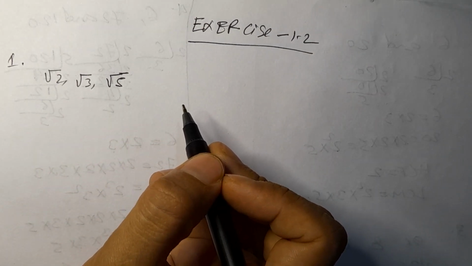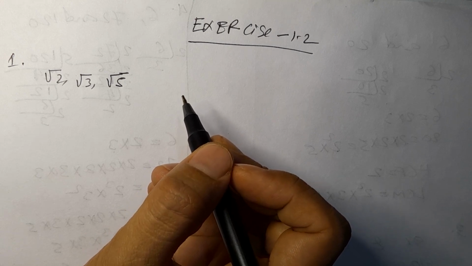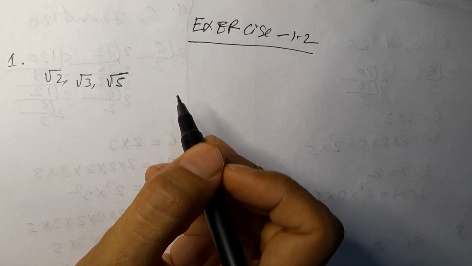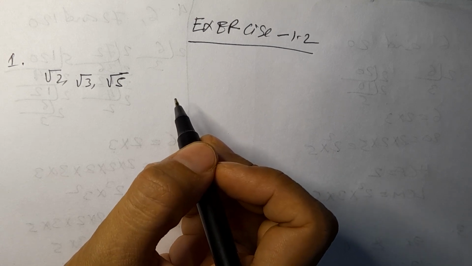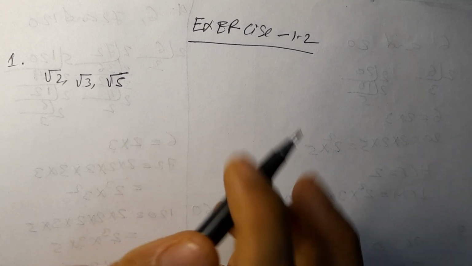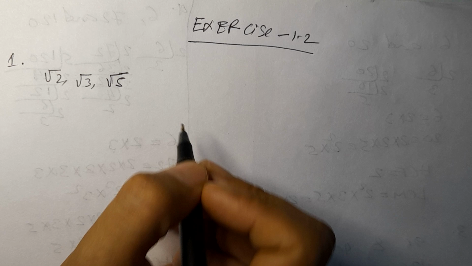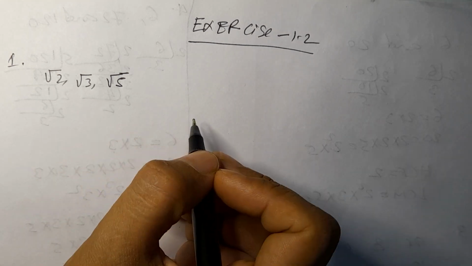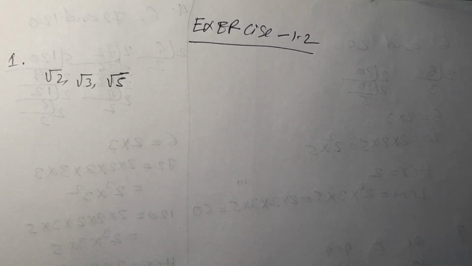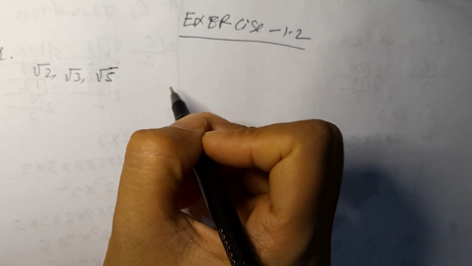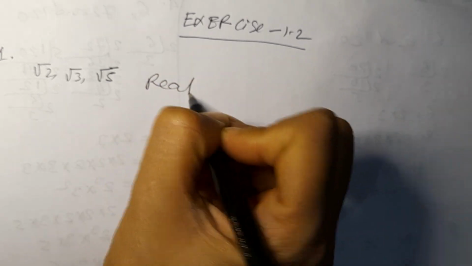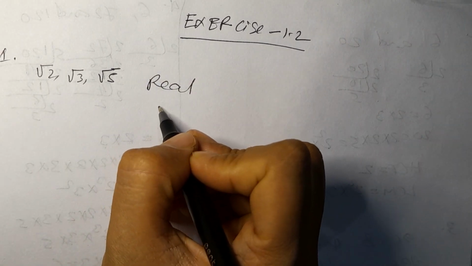To prove root 2 is irrational, we will use proof by contradiction. What is a contradiction? We consider root 2 as a rational number and prove that it is not rational, so it has to be irrational, because in the real numbers we have rational numbers, Q, and irrational numbers, IR, and the combination of these two is the real number.